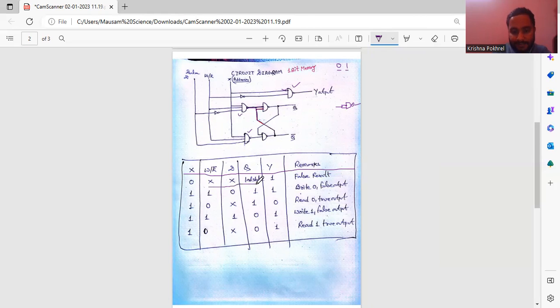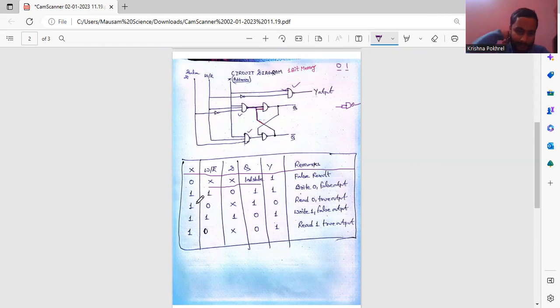Although Q is the last state, we don't care about this. Y will be 1. But the result is false because we didn't give anything to store before. It is simply showing 1. Whatever we give here, the result will be Y. As I told you before, in a NAND gate, if any one input is 0, the output will be high. We don't care about the rest.